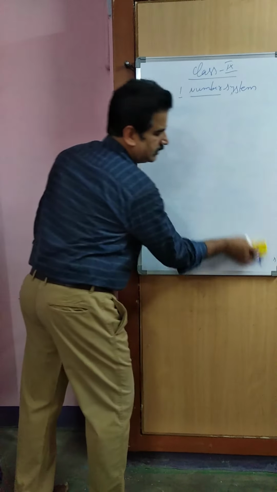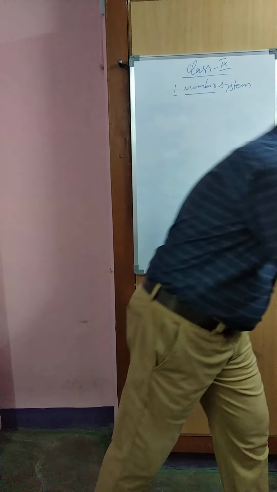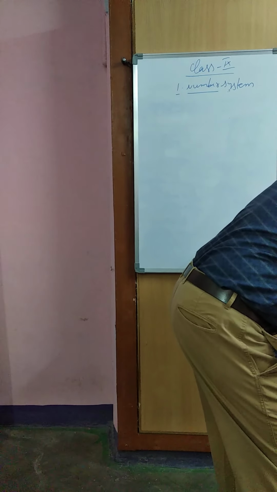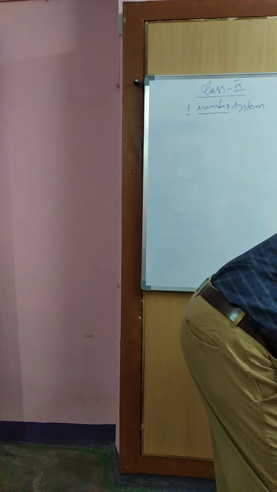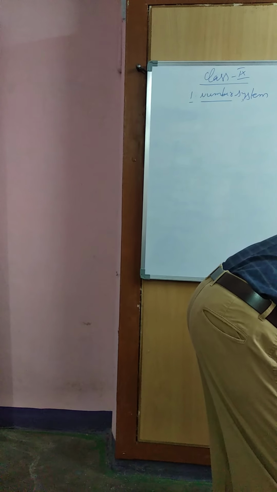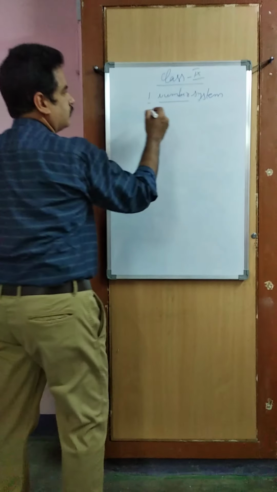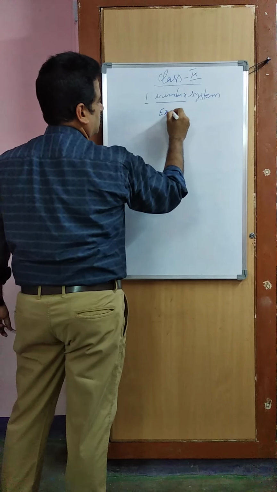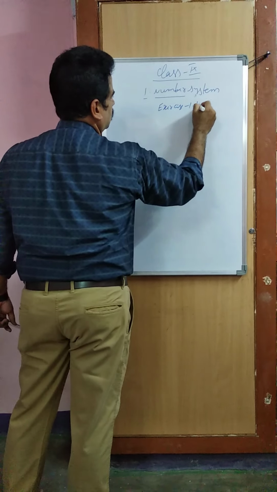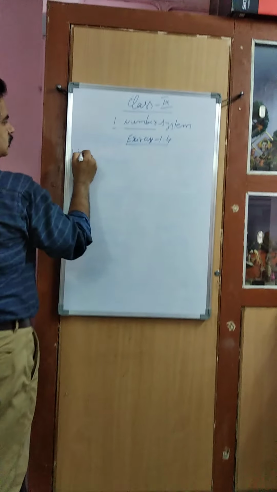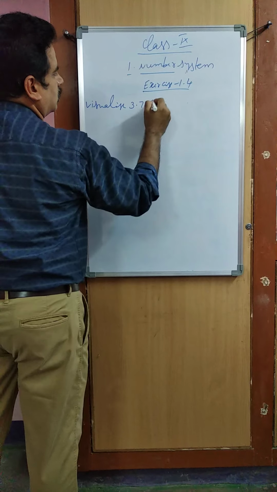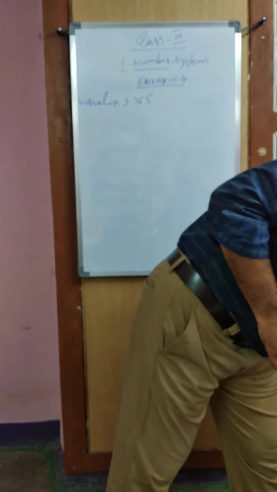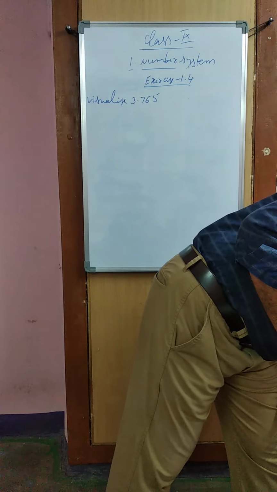Now terminating decimals means the decimal terminates. For example, we have exercise 1.4 in the textbook. Visualize 3.765 on the number line using successive magnification.